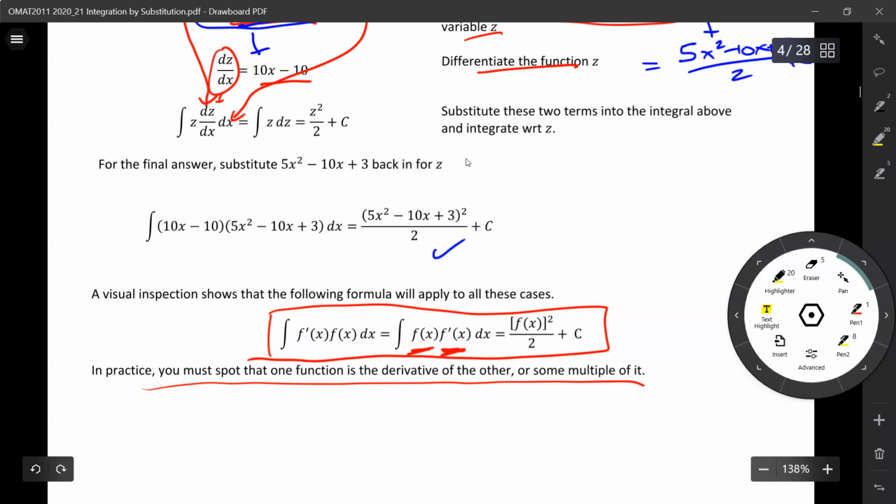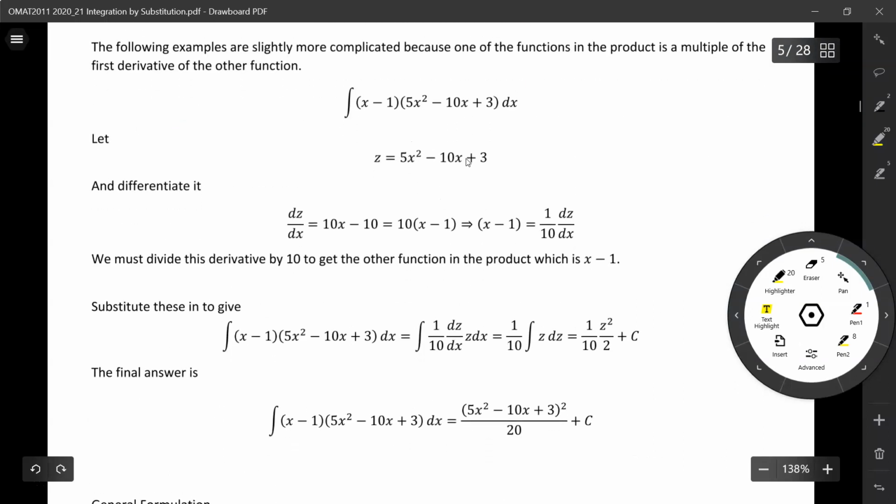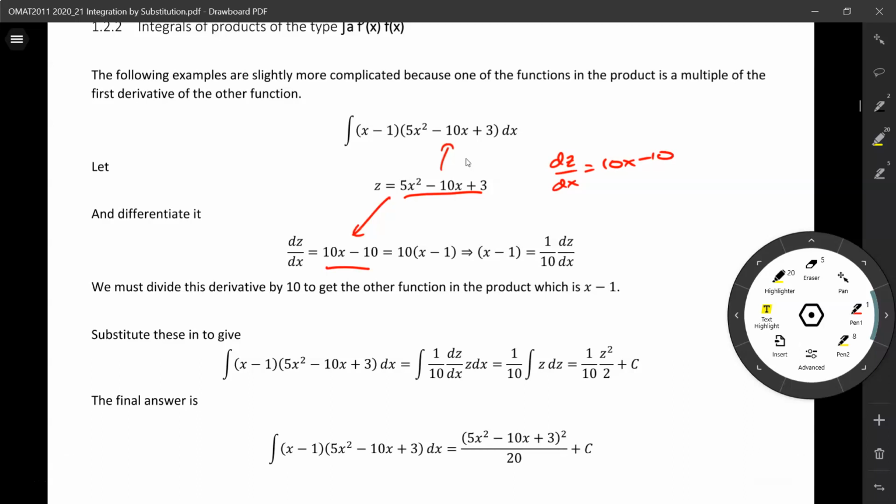If we come here to this more advanced case where we have a product in front of it, we say let z equal to the bigger function, get the first derivative of it, and then we'll see what we have to do to get this term here. Our first derivative is 10x minus 10, and to get this here, we have to divide that by 10.